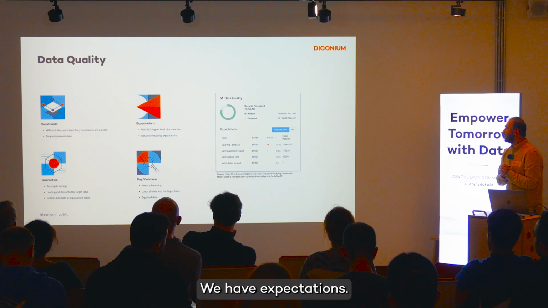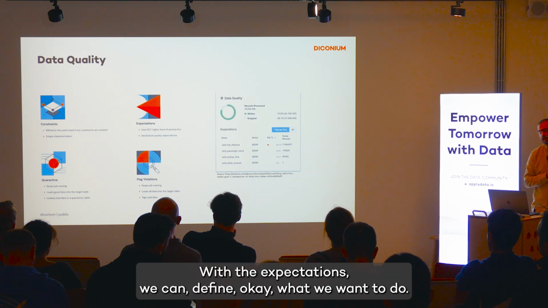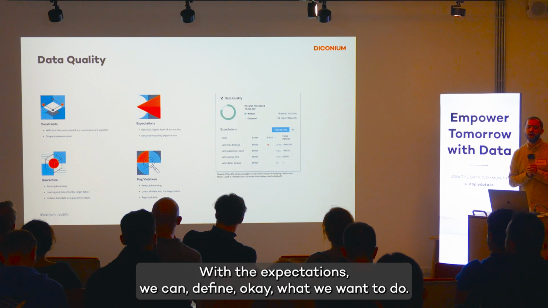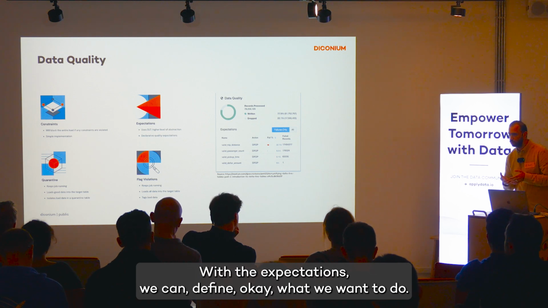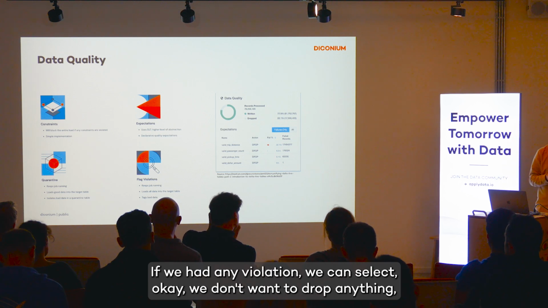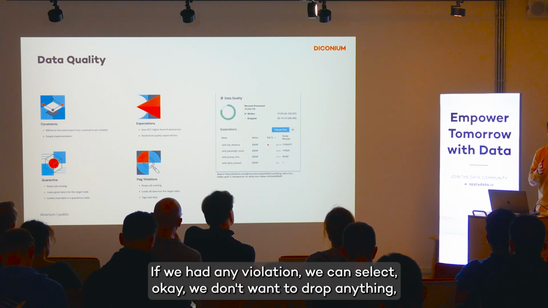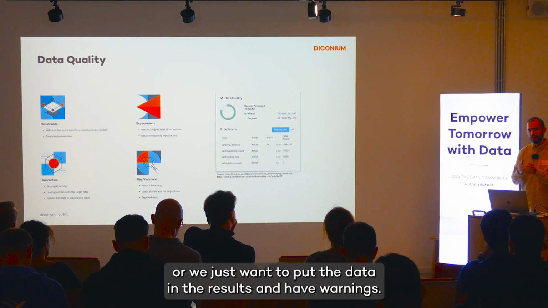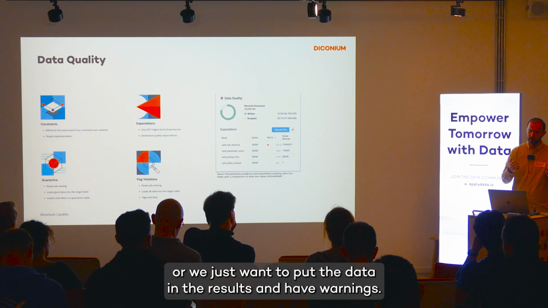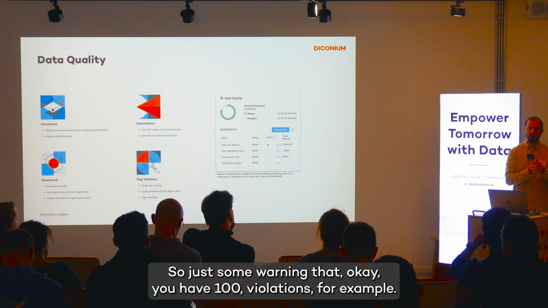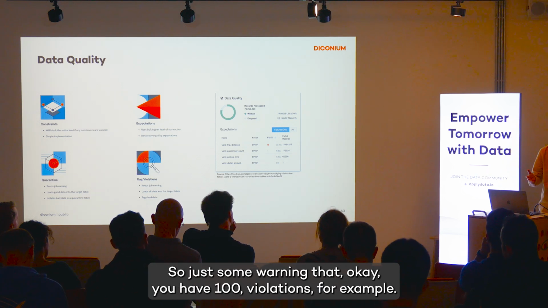Then we have expectations. With the expectations, we can define what we want to do if we have any violation. We can select that we don't want to drop anything, or we just want to put the data in the results and have warnings. So just some warning that you have 100 violations, for example.